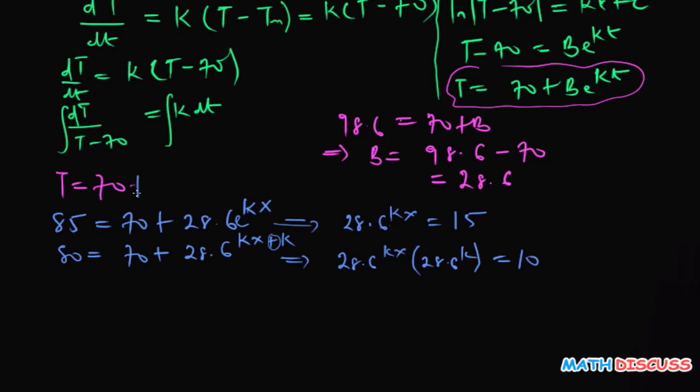So this is 70 plus 28.6 e to the power kt. So that's e to the power k, e to the power kt. So this is 28.6 e, so there should be an e here also, e to the power kx, and then there should be an e here too.